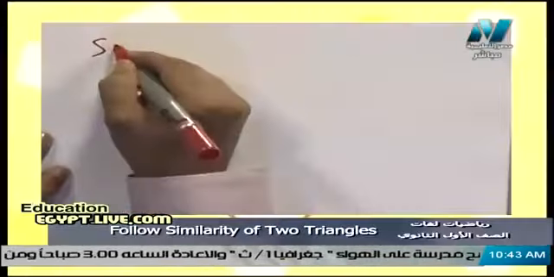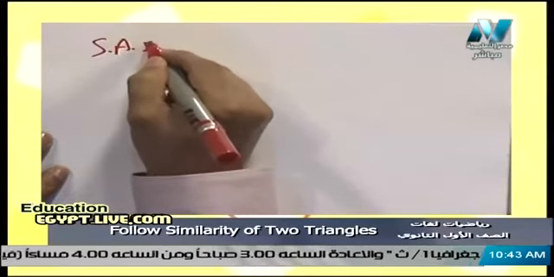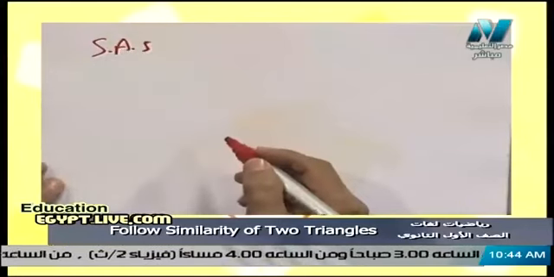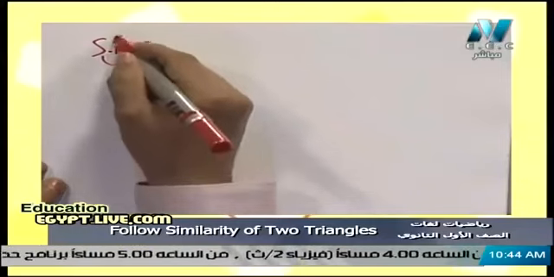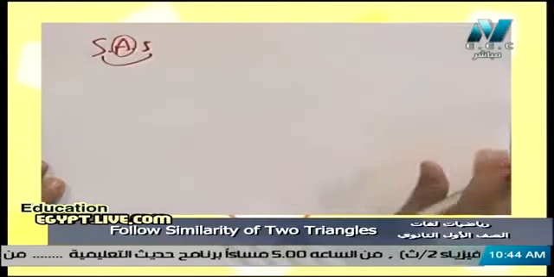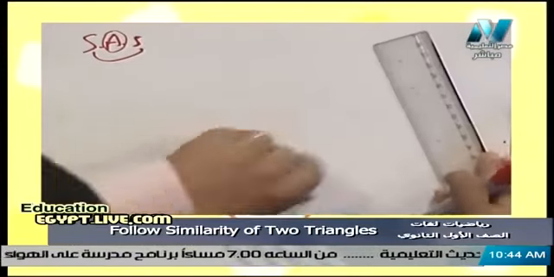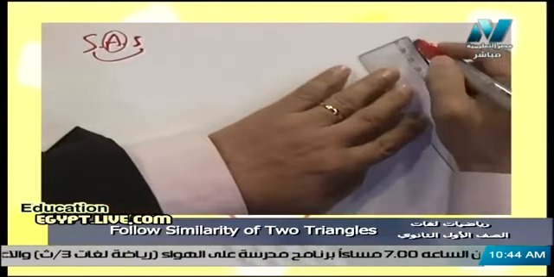What is the meaning of SAS similarity? SAS similarity means a side and another side and the angle included between them. Let's do it in a drawing to be clear to you.